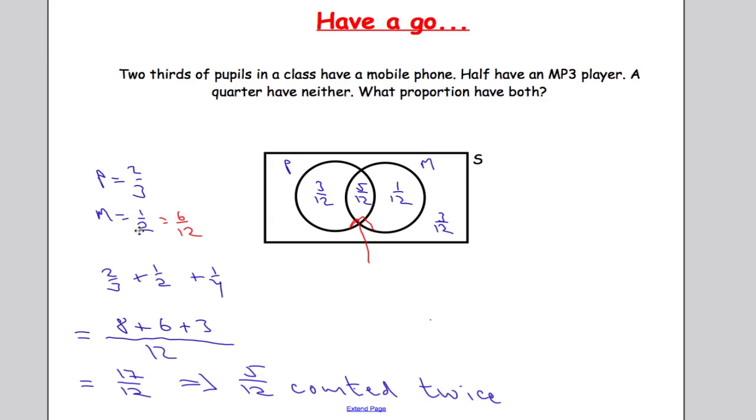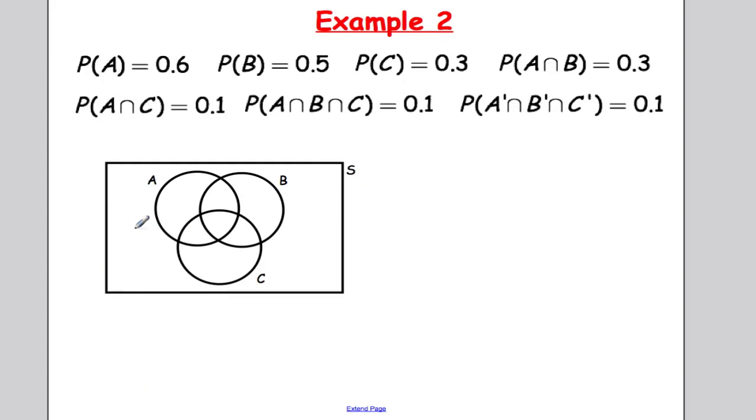Okay, let's have a look at a more complicated example now. So suppose I'm given these probabilities here, and I'm asked to fill in the Venn diagram. So let's go through it piece by piece. I know that probability of A, the total probability of this region, is 0.6. Probability of B, which is this region here, is 0.5, and so on and so forth. A intersection B is 0.3, so this total section is going to be 0.3.